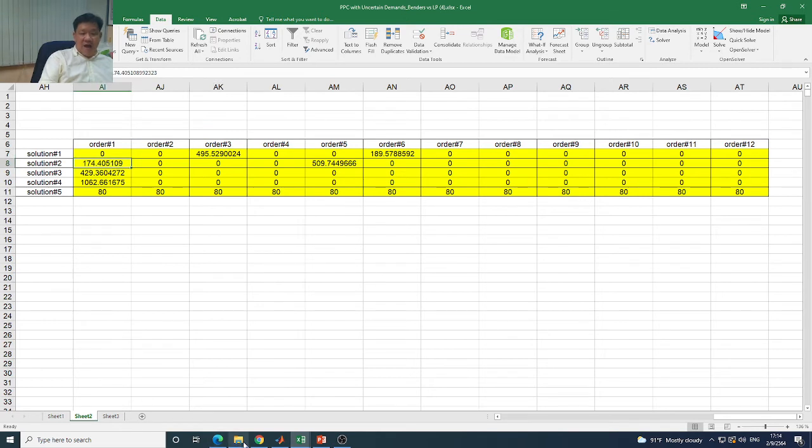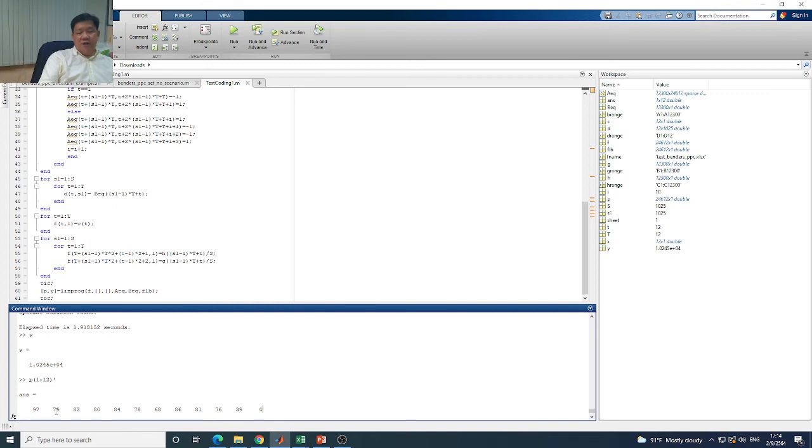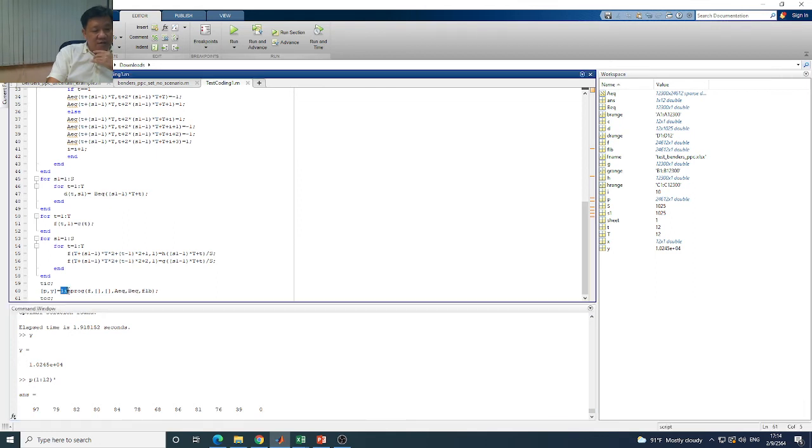But toward the end, after 216 iterations, it converges to an integer value. But not always. Let me remind you, this doesn't mean that if you don't put in the integer restriction constraint, all the solutions will come out as integer values. No, that only happens in some cases, in some situations, some structures.